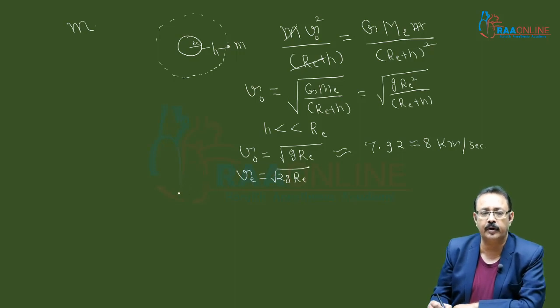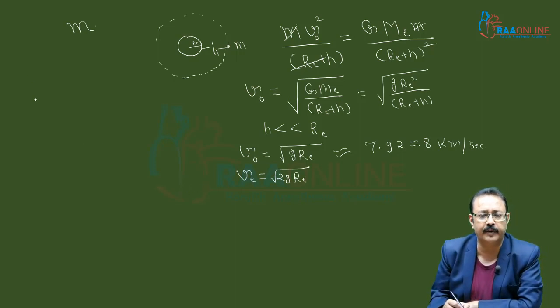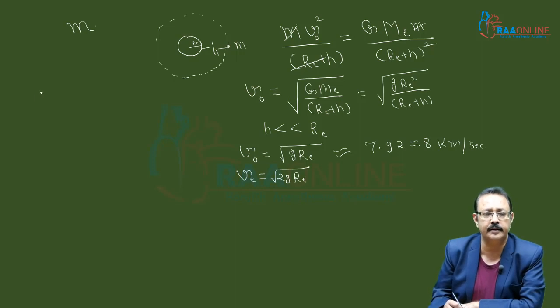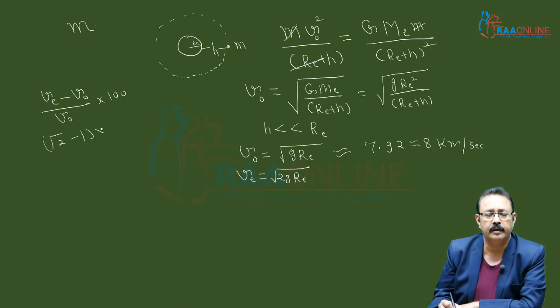If you want this calculation in percentage, it is not a tough task. What is the change in percentage? VE minus V0, since initially it was V0. We want the calculation for 100, so multiply this by 100. VE upon V0 means root 2, V0 upon V0 means 1, into 100. So what are we getting? 1.414 minus 1, into 100. So we are getting 41.4%.